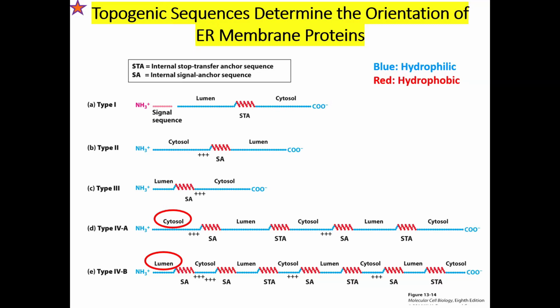The lumen is equivalent to the exoplasmic phase, the white space in between the organelle, the ER and Golgi. They are all single membrane. So the inside lumen, the white space that we saw in the previous chapters, is going to be the exoplasmic phase, whereas the other side is towards the cytosolic or the cytoplasmic phase.